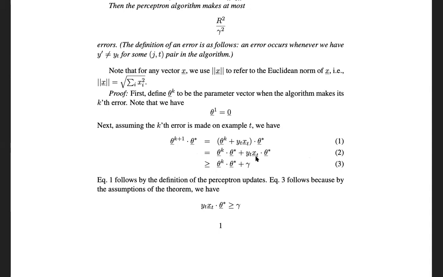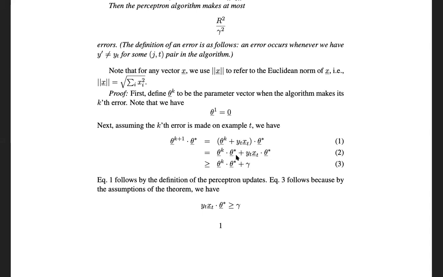Now theta star dot x_t, its absolute value was more than gamma, and its sign was equal to y_t. So this quantity is more than gamma. Actually, y_t x_t theta star, this whole thing has to be greater than gamma.